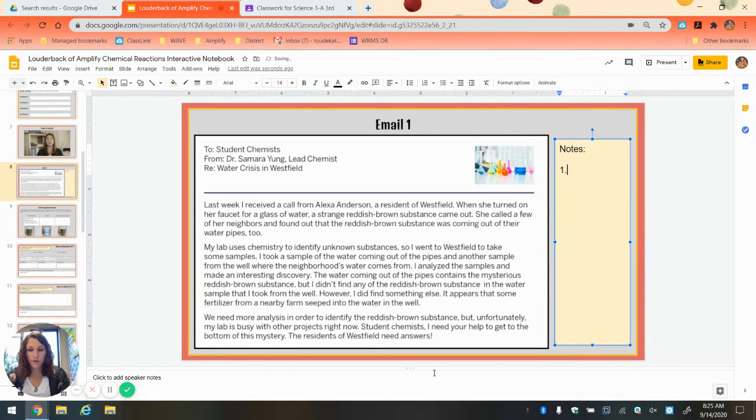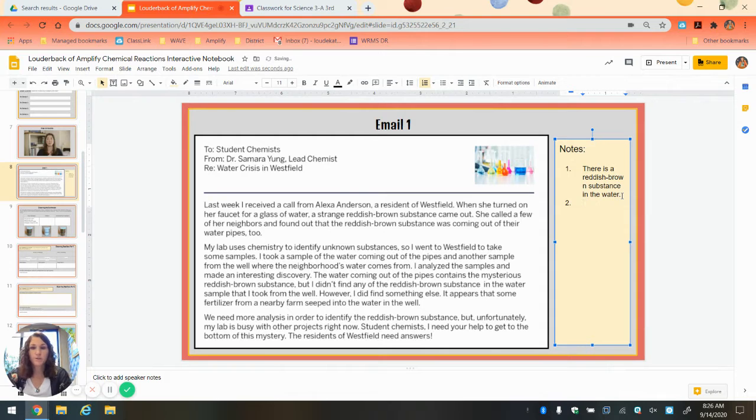Okay, first, there is a reddish brown substance in the water. I'm going to adjust my font size because I'm going to run out of room here.